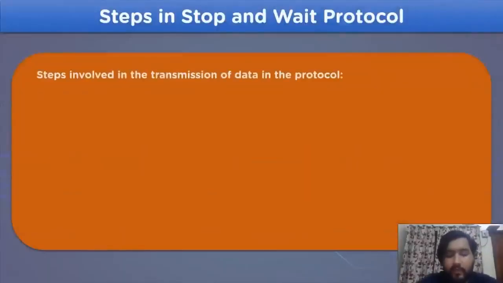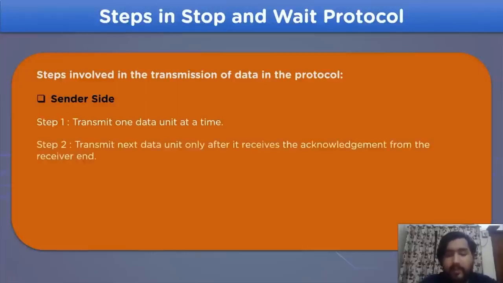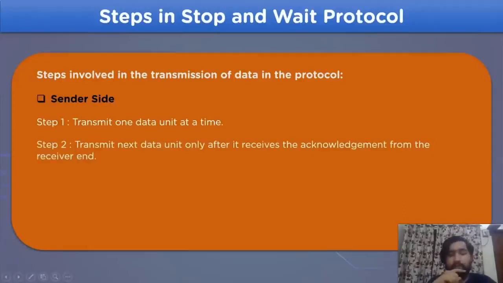The steps for this protocol are divided into two parts, sender and receiver protocol. Let's start with the sender side. The first step is to transmit one data unit at a time to the receiver end. The next step is to transmit the next data only after we receive the acknowledgement from the receiver end.